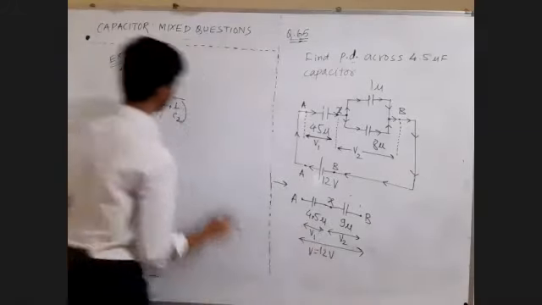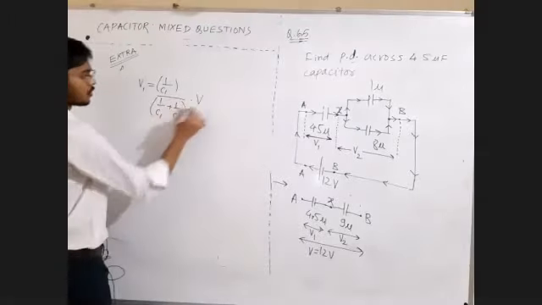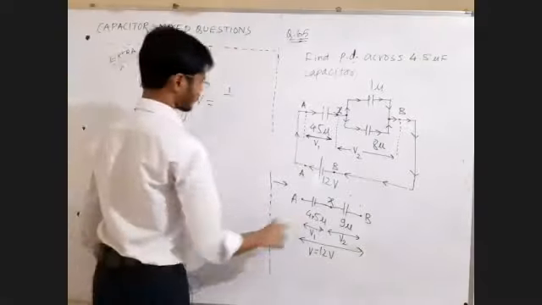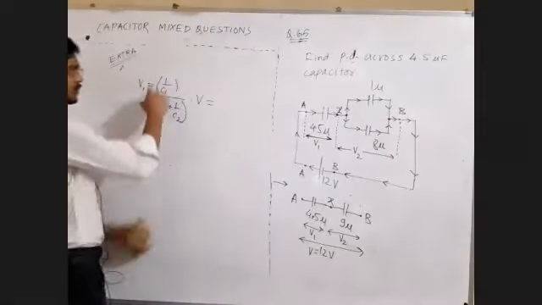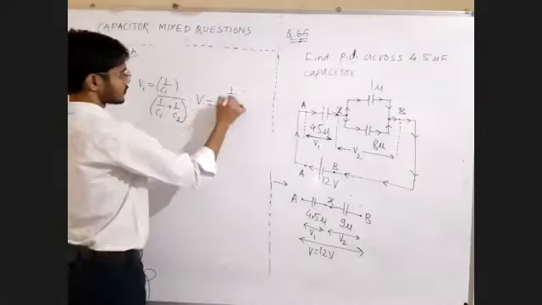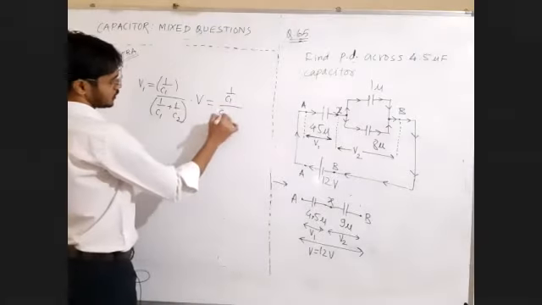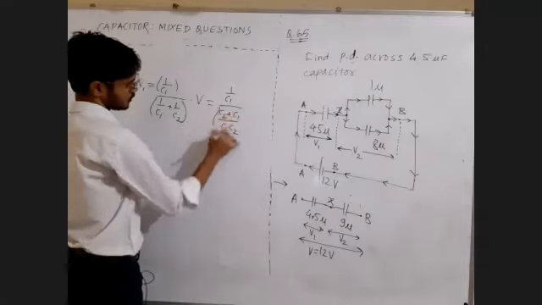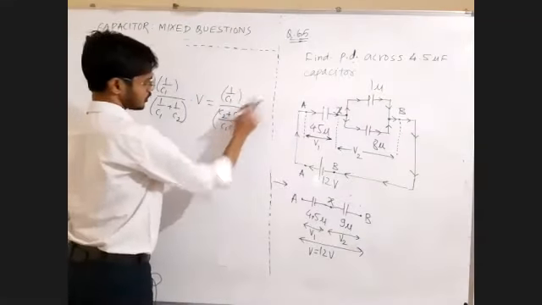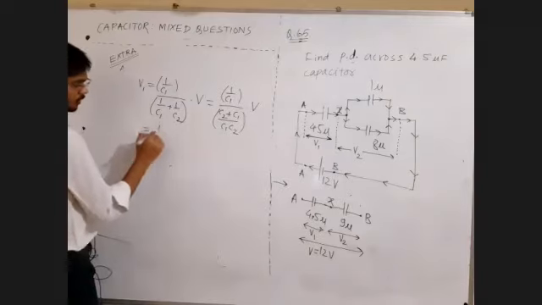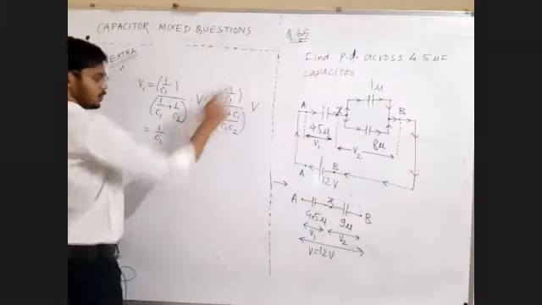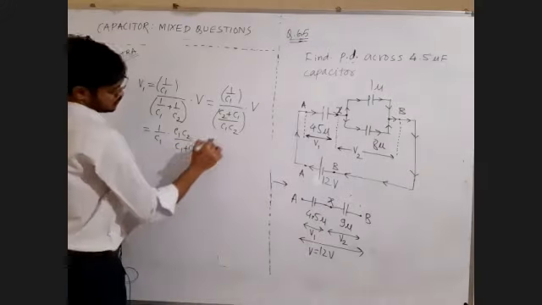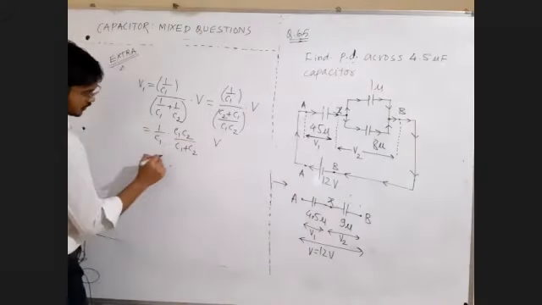Or you can do this rearrangement, cross multiplication. This in the numerator, 1 upon C1 as it is. C1 cancel.